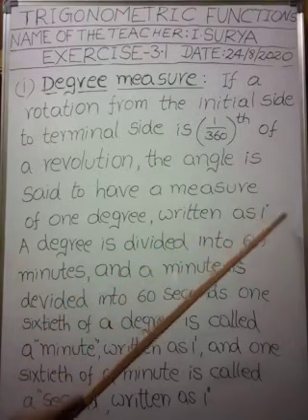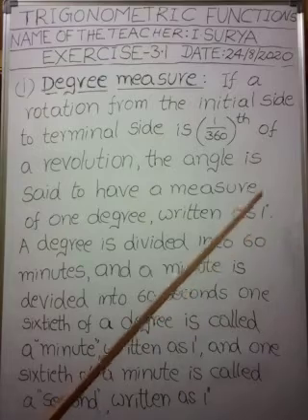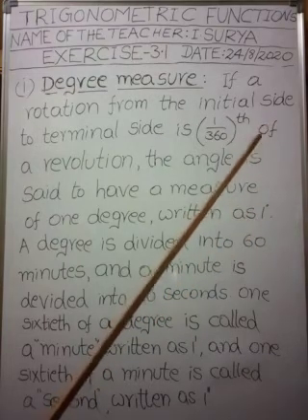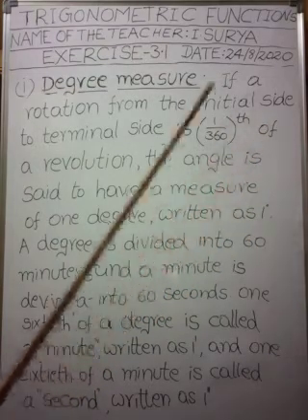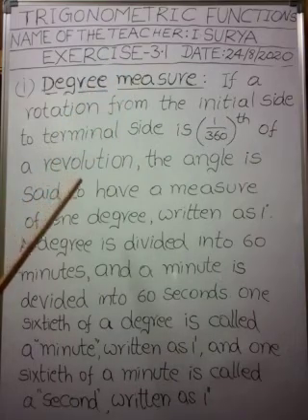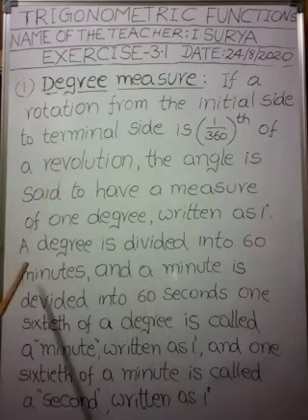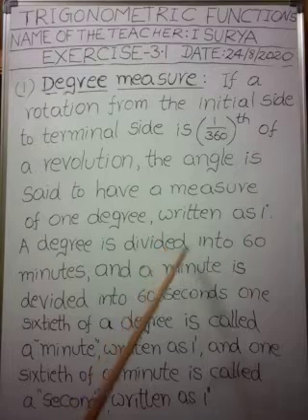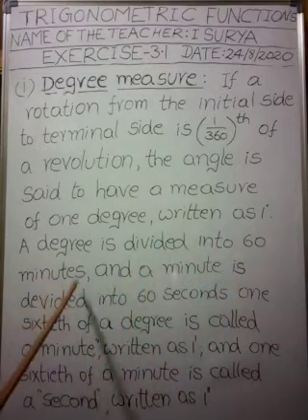You know this one. In the earlier classes you have already learned 20 degrees, 30 degrees, 40 degrees, 50 degrees, 90 degrees. And now a degree is divided into 60 minutes.